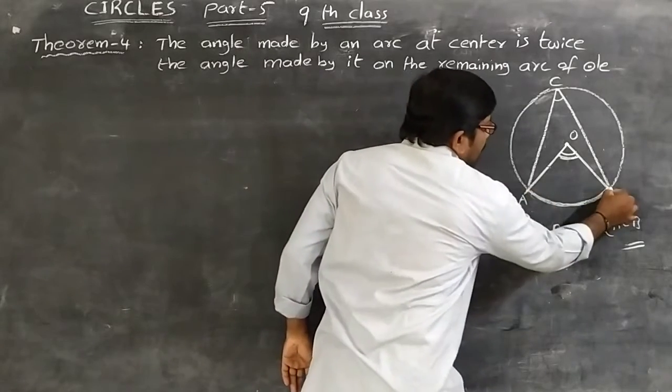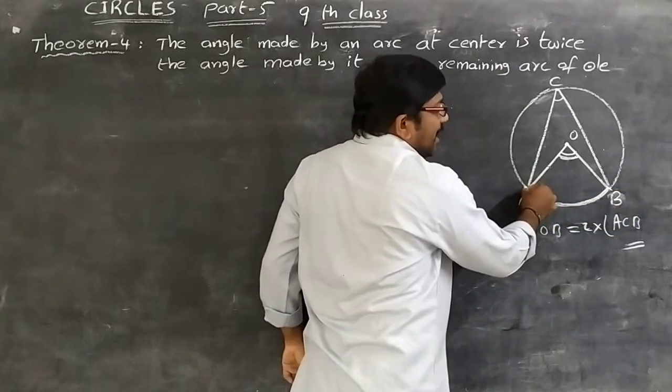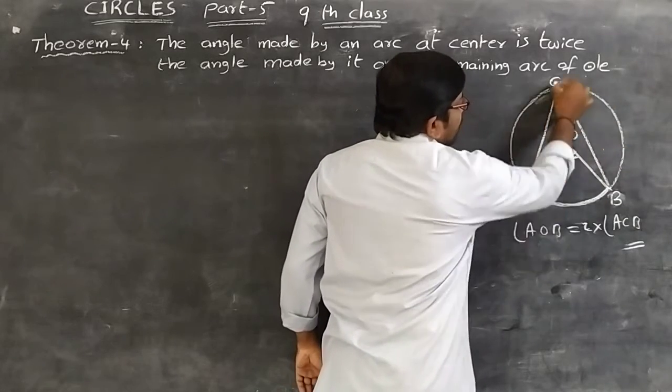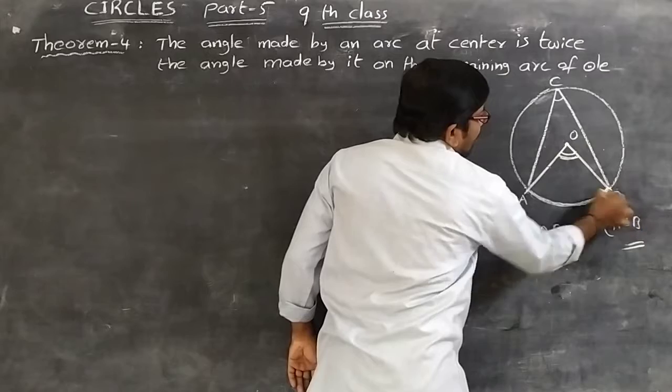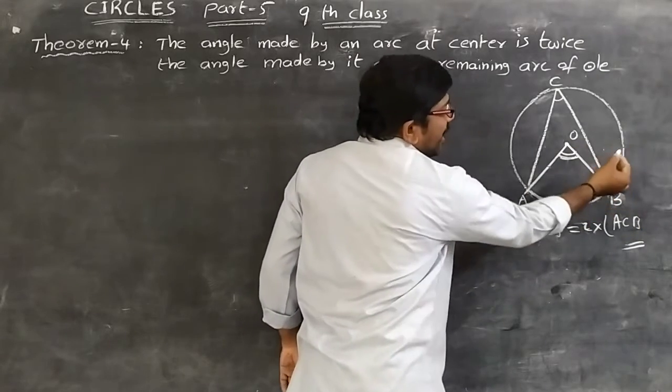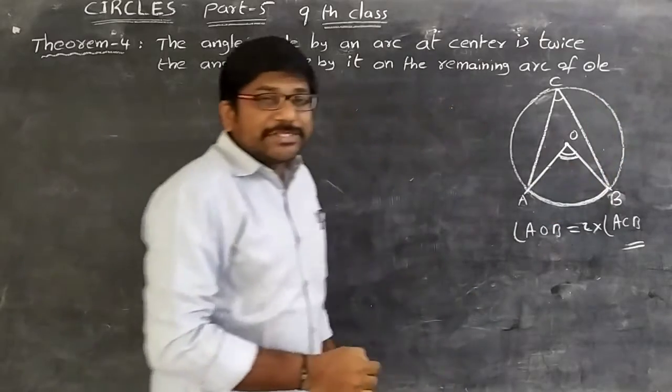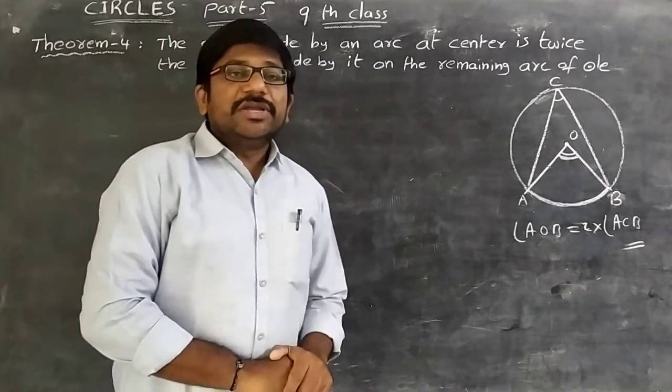This arc made another angle on the remaining arc. So angle AOB is twice angle ACB. This is the theorem.